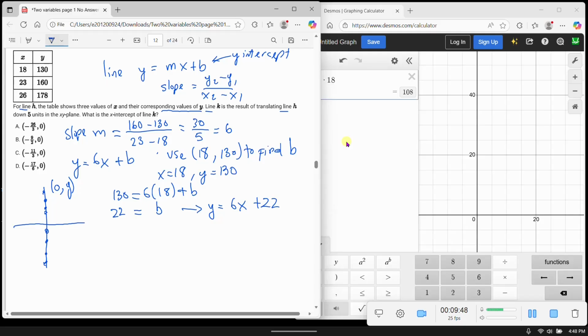But first, let's take care of the transformation. They say the line is translated down 5 units. So it's shifting down, translating 5 units. That means this line goes down 5 units, so you have to subtract 5 from 22.